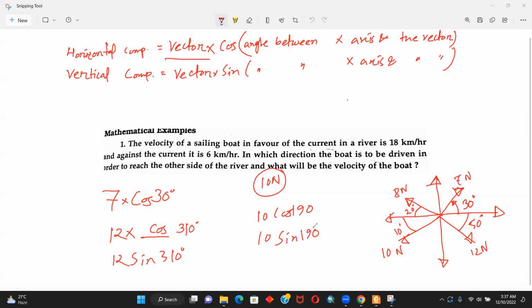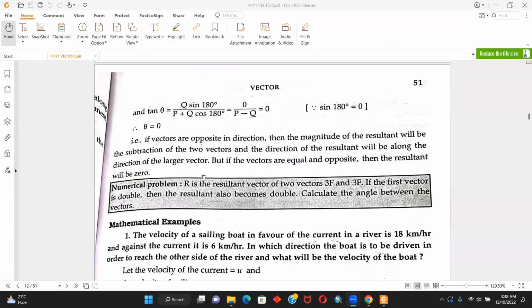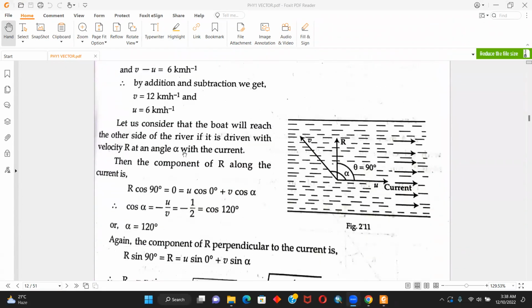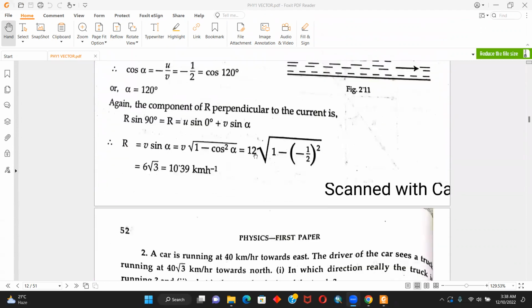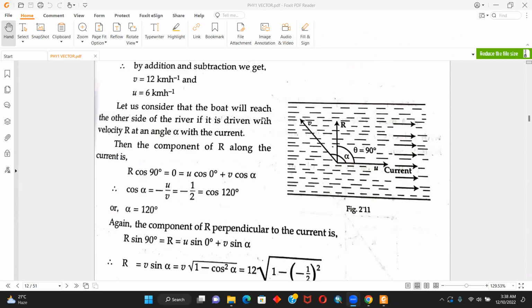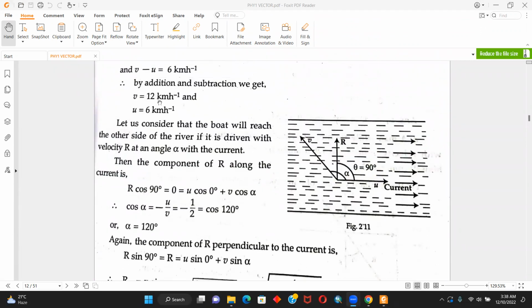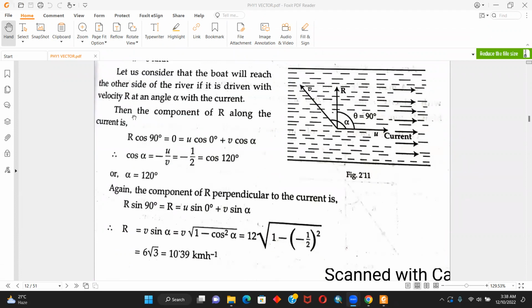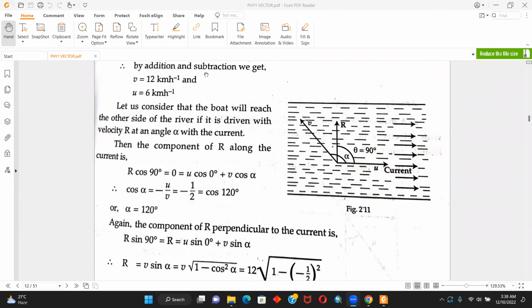Tell me, is it clear now? If you have any questions, ask me. It's clear. It has to be clear, okay? And also the math of the board is important. They haven't used the formula of tan theta either, so they have also used the components.